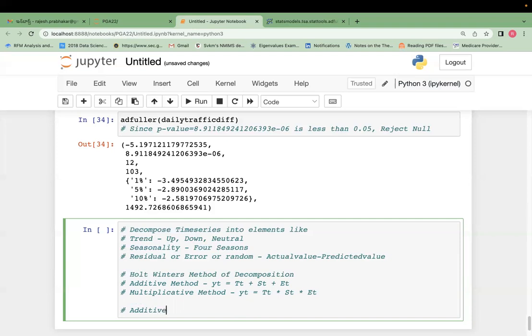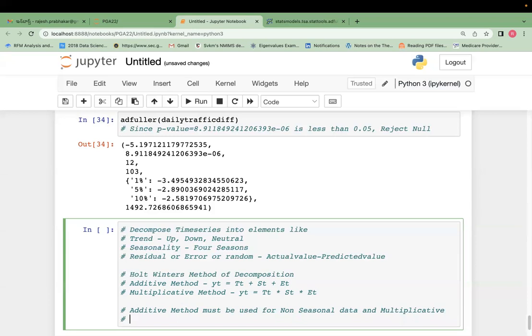So the additive method must be used for non-seasonal data and the multiplicative method for seasonal data.